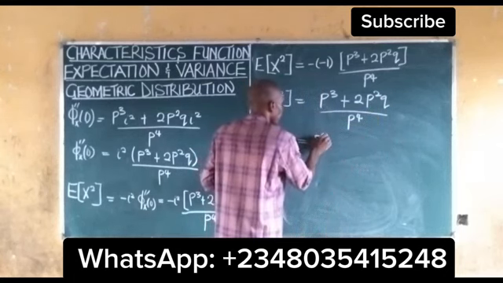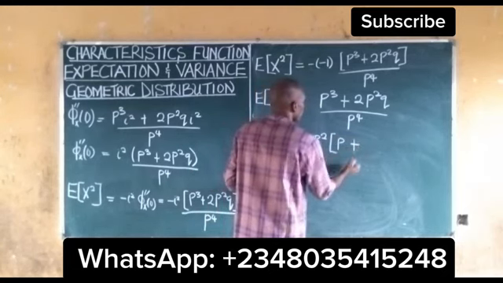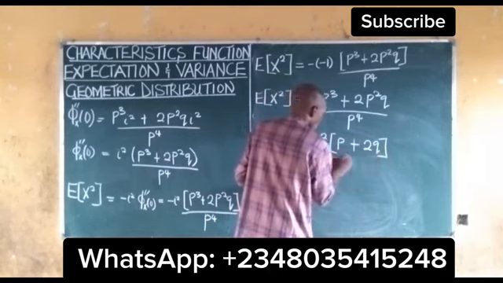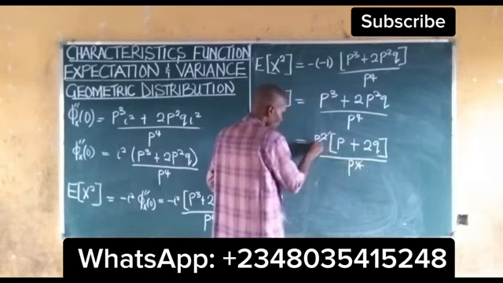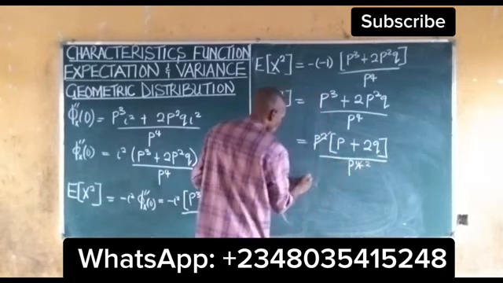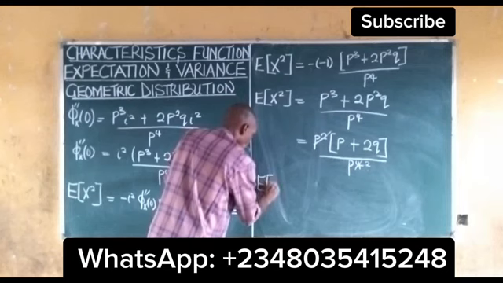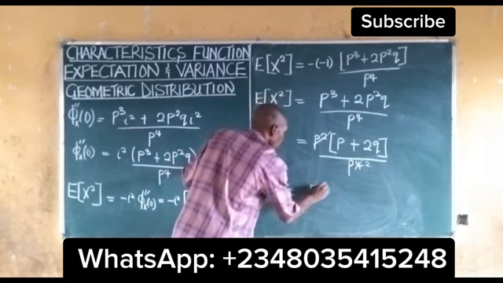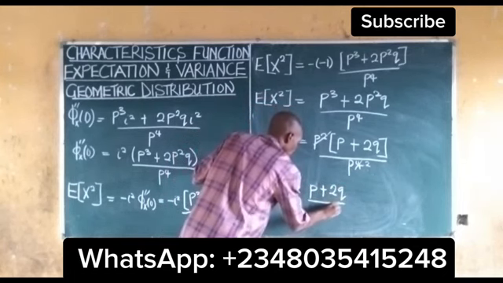We can now bring p squared out to be left with p plus 2q all over p to the power of 4. Of course, this can cancel this to remain p squared here, which means that our expected value of x squared is equal to p plus 2q all over p squared.